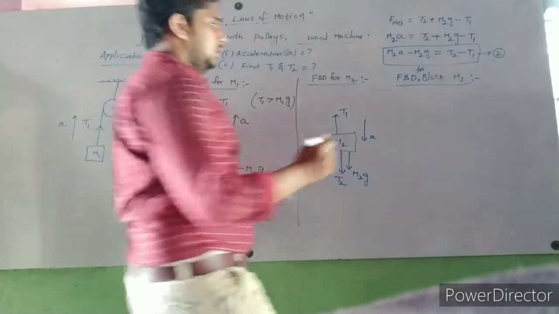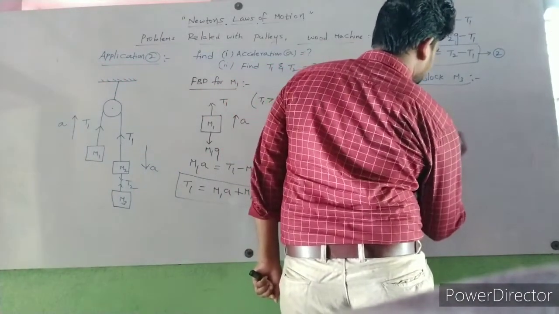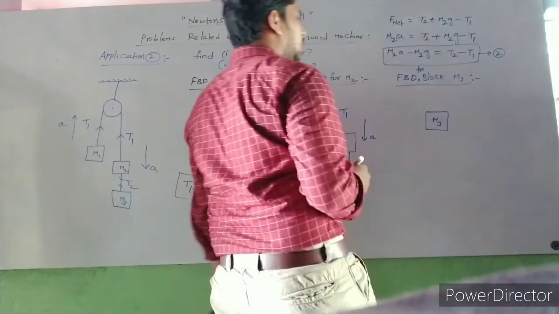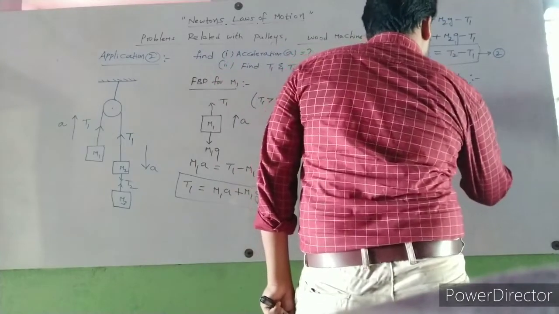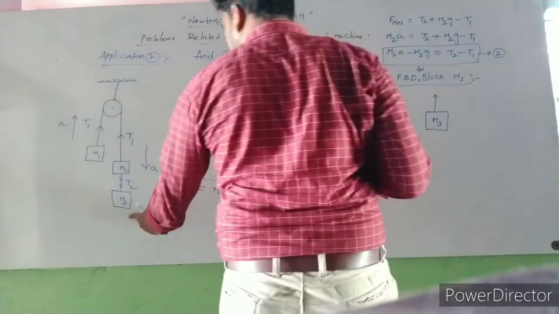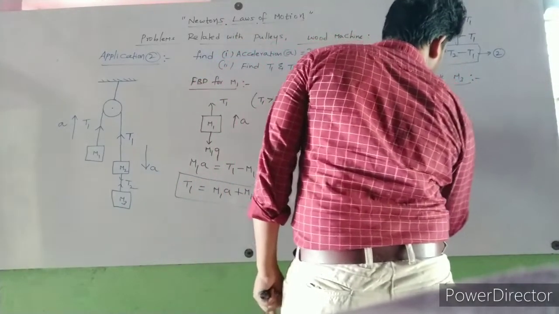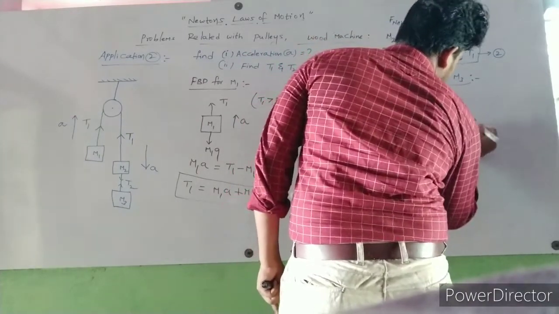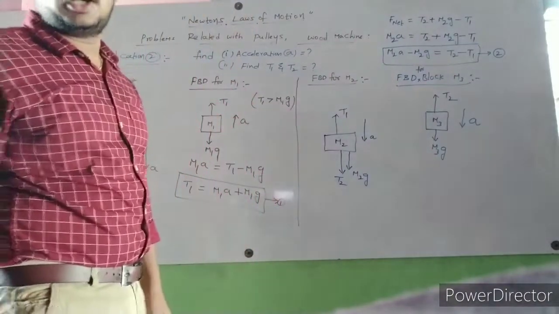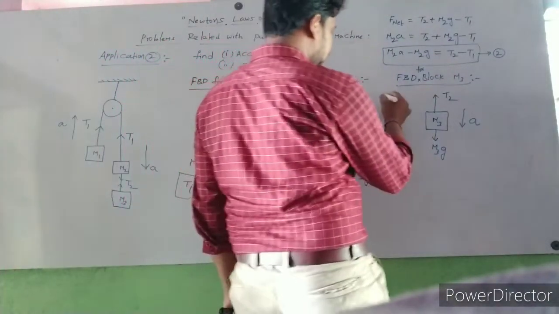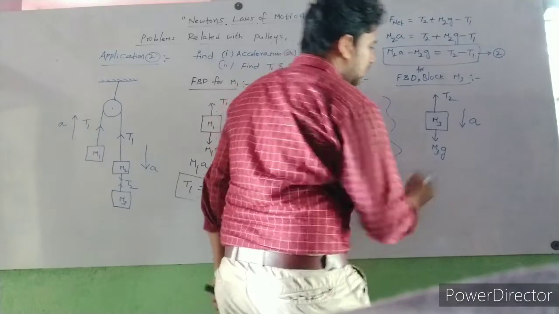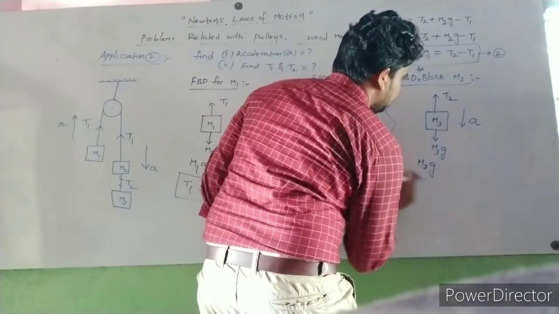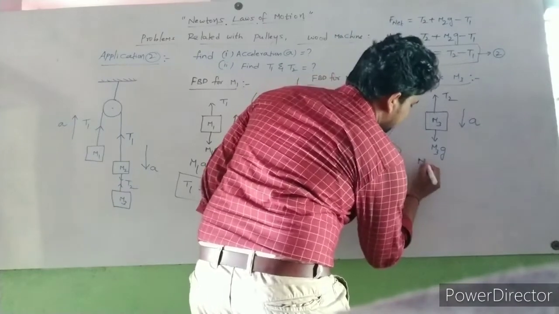For this block M3, tension T2 is acting in the upward direction, weight is acting like this, and the acceleration is also acting downward. From this, M3G is greater.